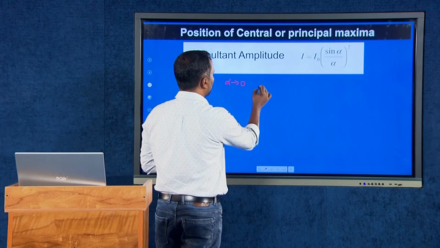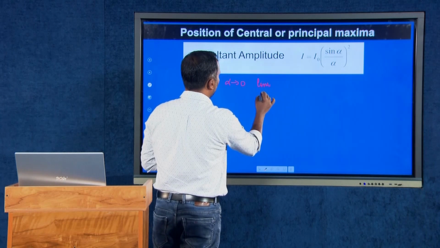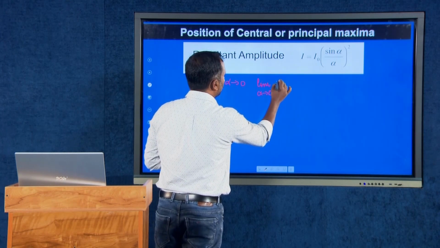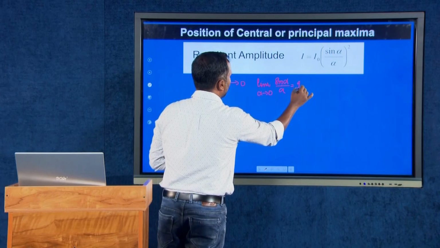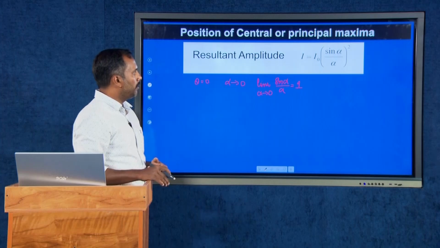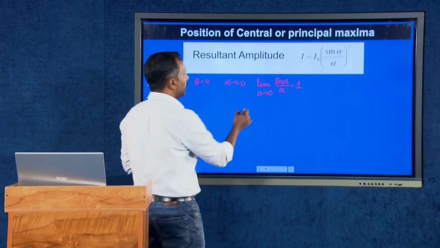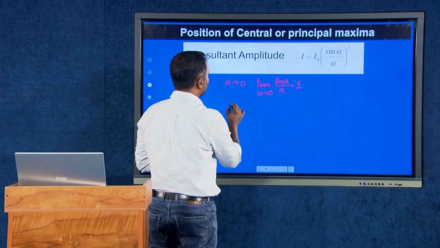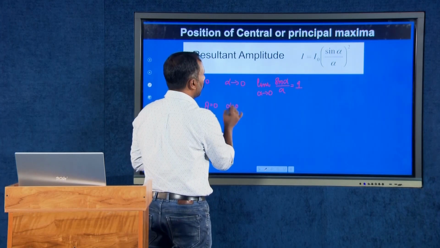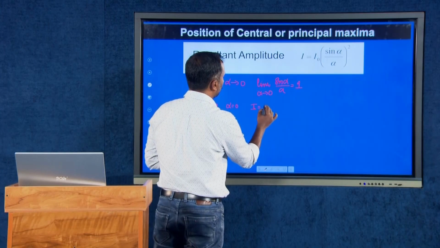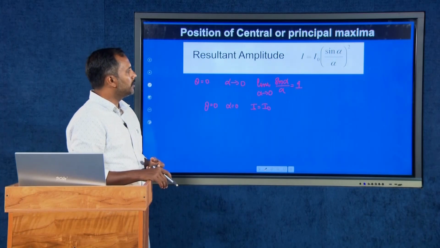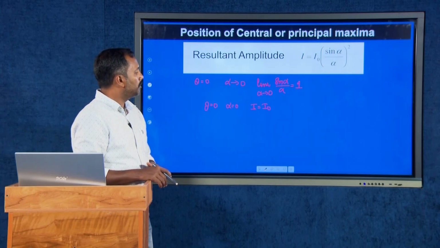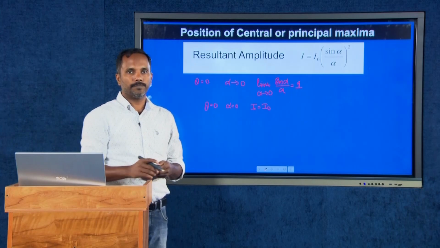So when alpha tends to 0, you can apply the limit alpha tends to 0, then sin alpha divided by alpha becomes 1. This is a very well known formula in mathematics. Therefore in this particular case, when alpha is equal to 0 or theta is equal to 0, we have intensity I is equal to I0. Therefore I0 is the intensity of the central maxima.